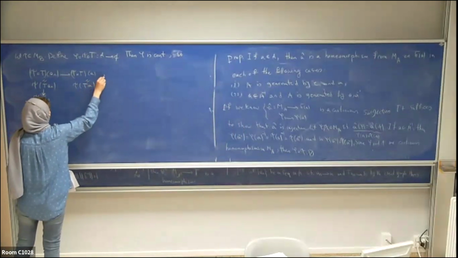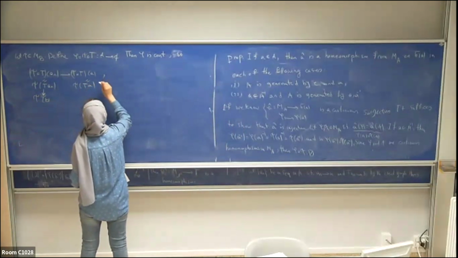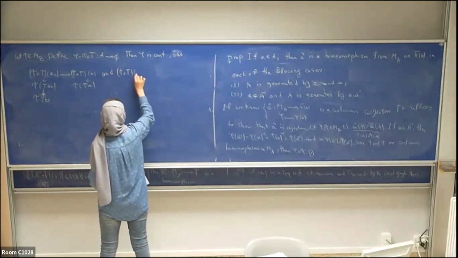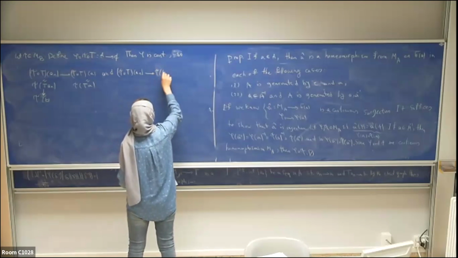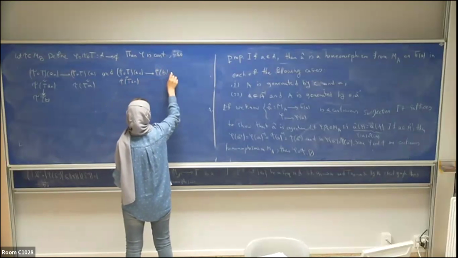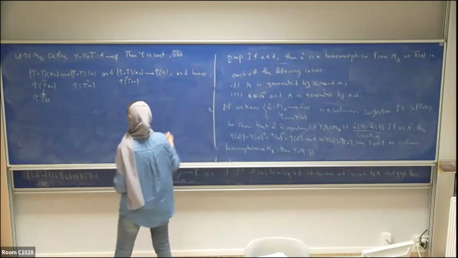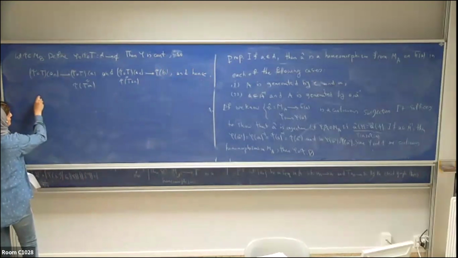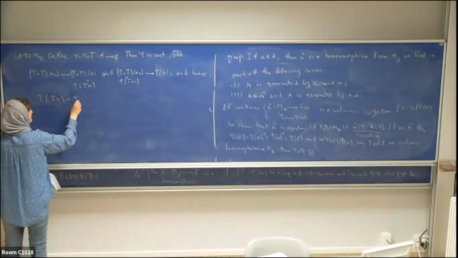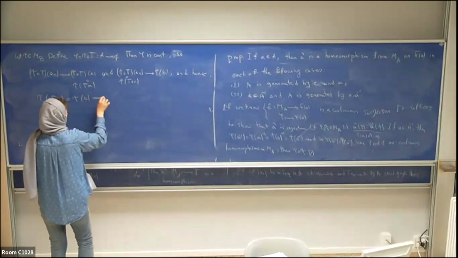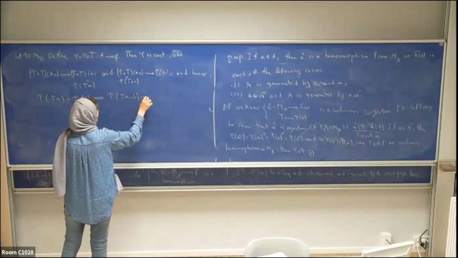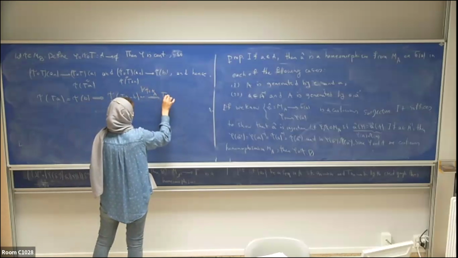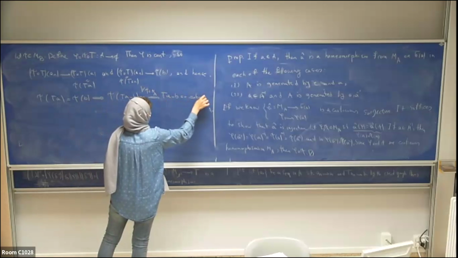So it shows that psi of T of a should be psi of b, and psi of T of a minus b is 0 for each element in the character space M of B. So it's in the radical of B, B is semi-simple, so the radical is 0. So b minus T of a is 0, b is T of a.